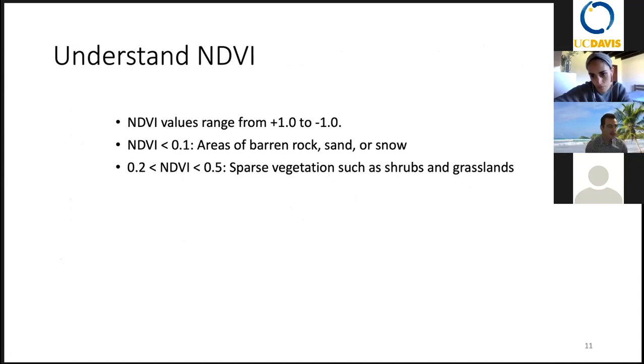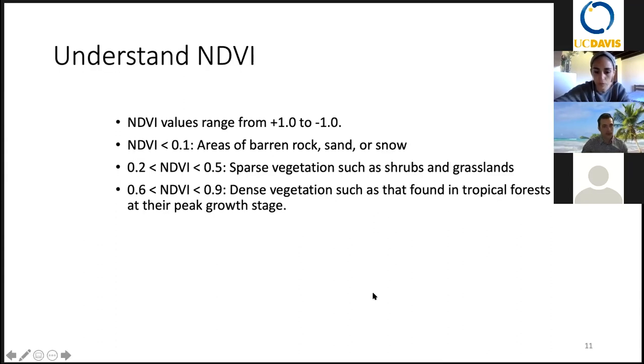NDVI is available for free if you go to free satellite imagery like Landsat. The resolution is not good, it's about 30 meters, but if you find a way to access those NDVI imagery, you can use these values to see what's going on.